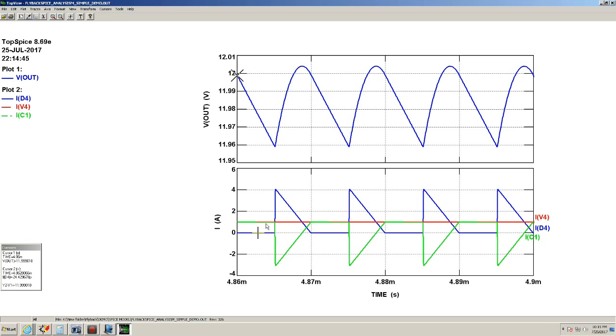From here to here is 4 amps. Okay, but that's being represented, it's the same current going through the diode. I'm going to remove it, but I just want to show that the current going through the diode is going through the capacitor. So I'll delete it.